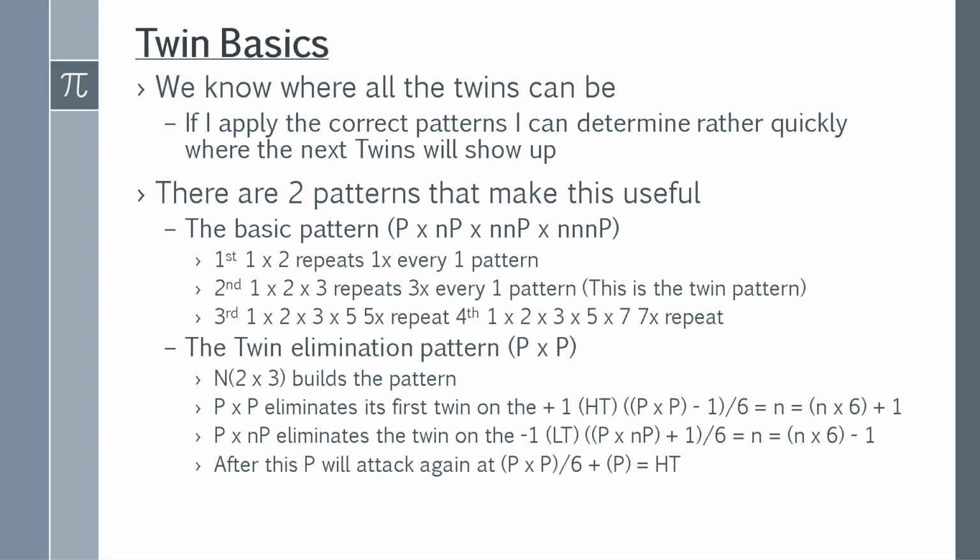So 5 times 5 divided by 6 is 4, plus 5 gives you 9, times 6 is 54, so 55 would be the next prime eliminated by 5. Then I can do the same calculation for the low twin. And this is going to continue to infinity.